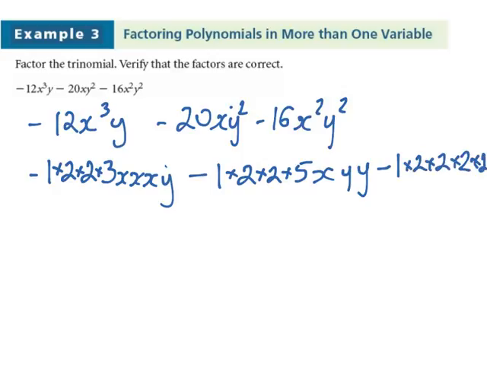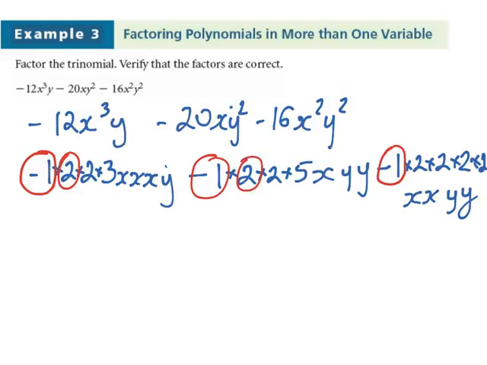And we're going to look around to see what's common about all of these terms. What's the greatest common factor? We know there's a 1, negative 1, for all of these. We know there's a 2, because there's 1 in each term as a factor. There's another 2. And is there a 3?